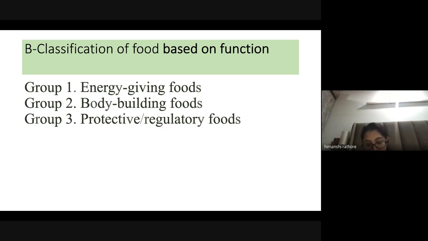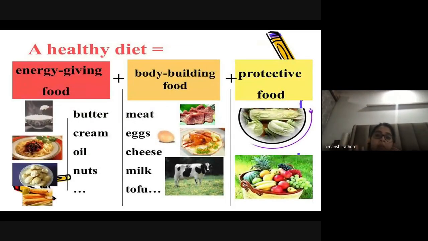What are energy giving foods, what are body building foods, what are protective foods, you already know about that. So in the next slide, for your better understanding, I have given a slide where you can see what energy foods there are, what body building foods there are, and what are protective foods. We have already discussed these three in our yesterday's lectures. Just to recall it, I have added a slide over here.